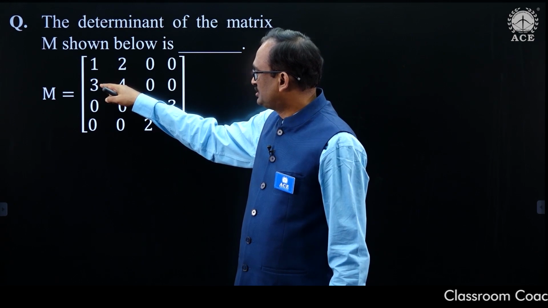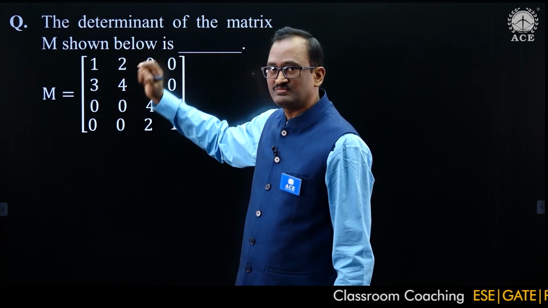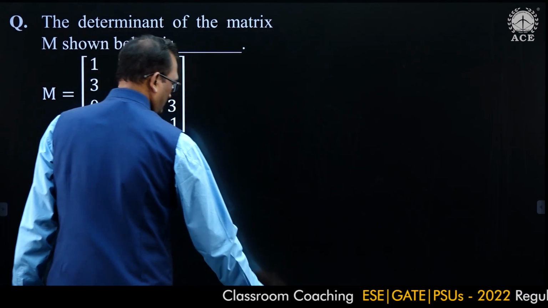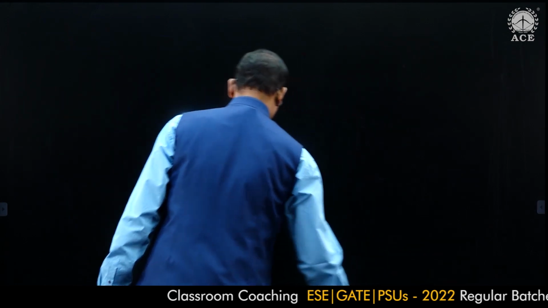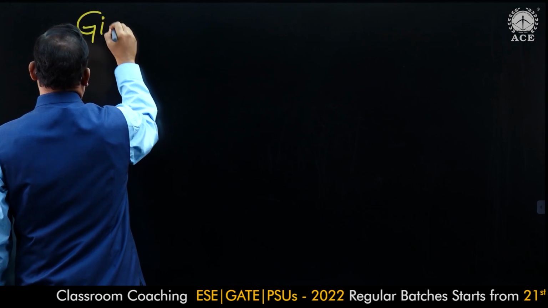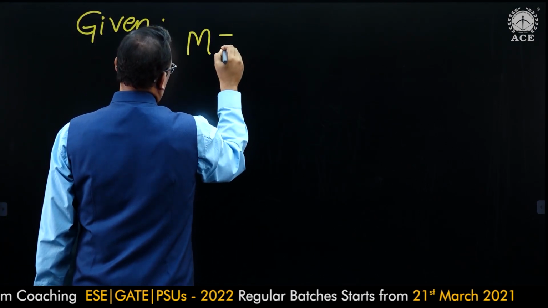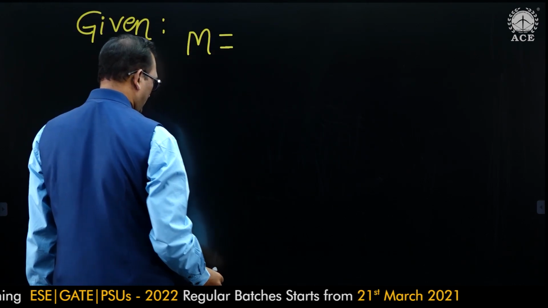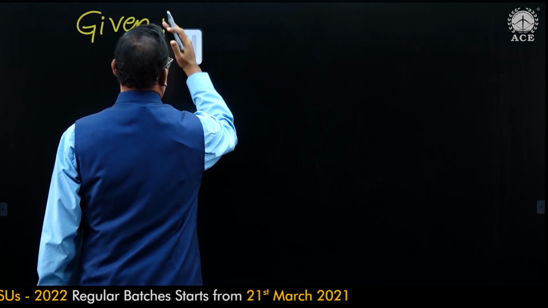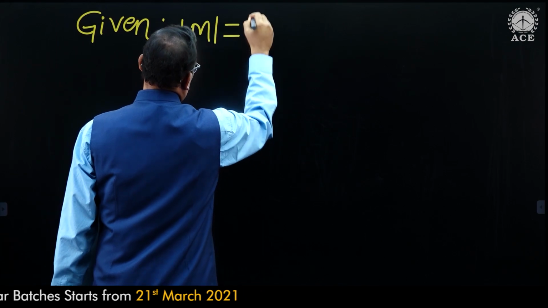To make this element 0, let us take second row minus 3 times the first row.